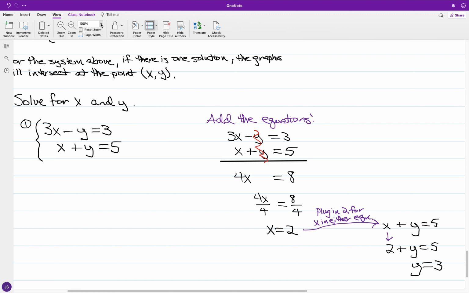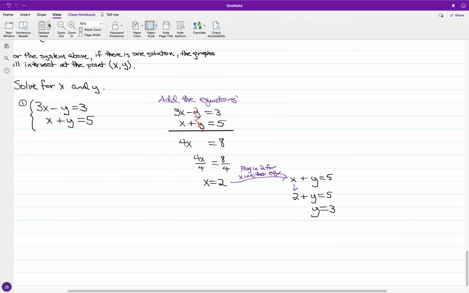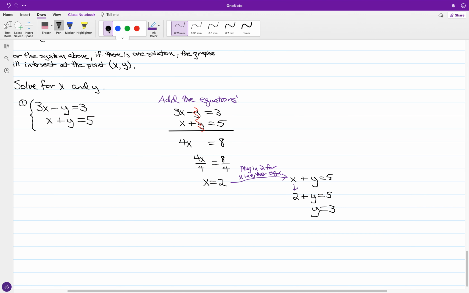And so for the solution, you have x is equal to 2, y is equal to 3. And another way you could write this, I know that Alex can sometimes be big on the ordered pairs, in this case, we have (x, y) is equal to (2, 3).